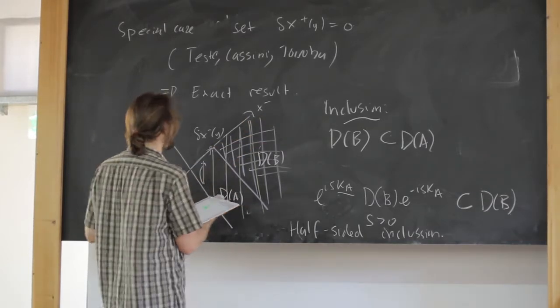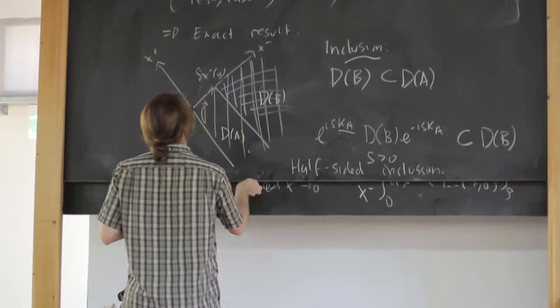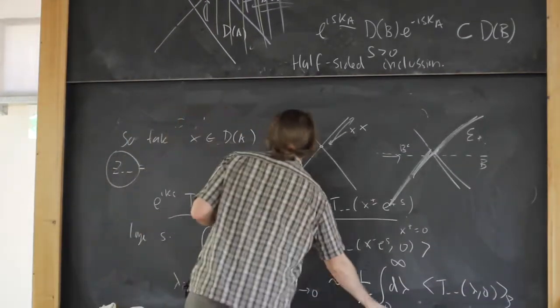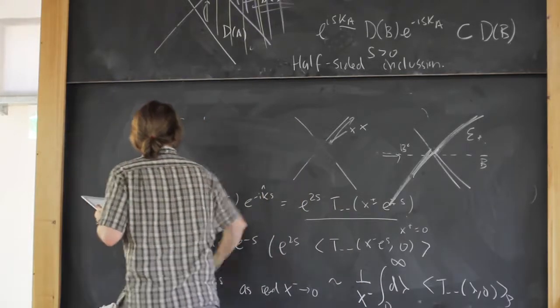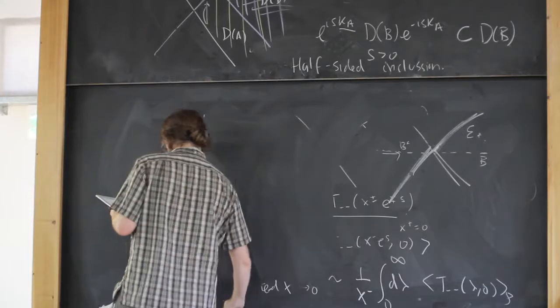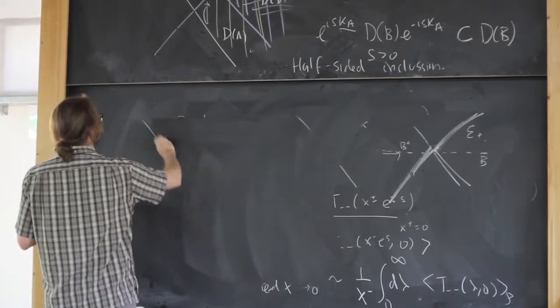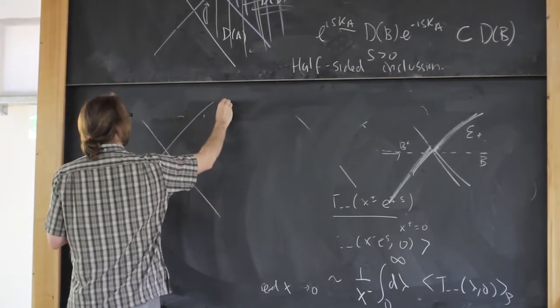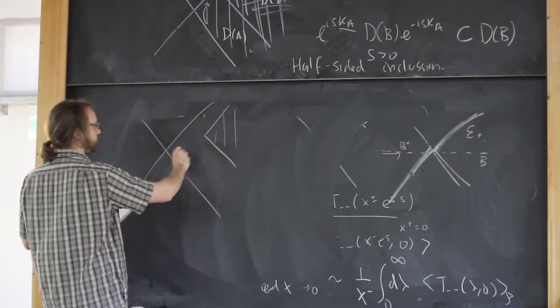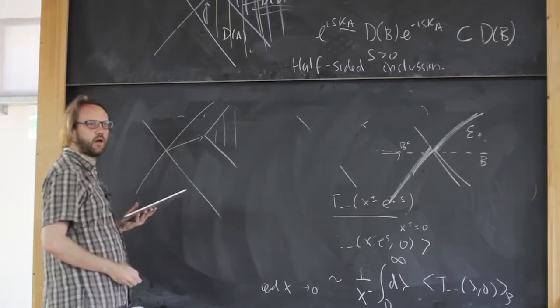Okay, if it wasn't, so if we went back to the generic situation when we started doing perturbation theory, which looked more like this. Generic situation is where the inclusion, it's still an inclusion, but looks like this, and the deformation is not null.